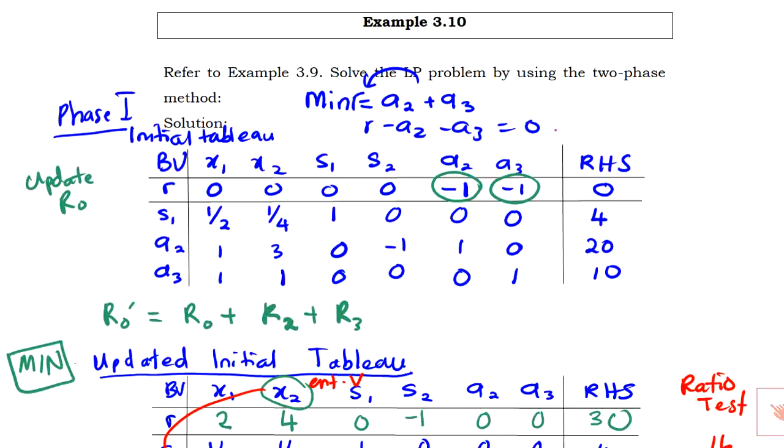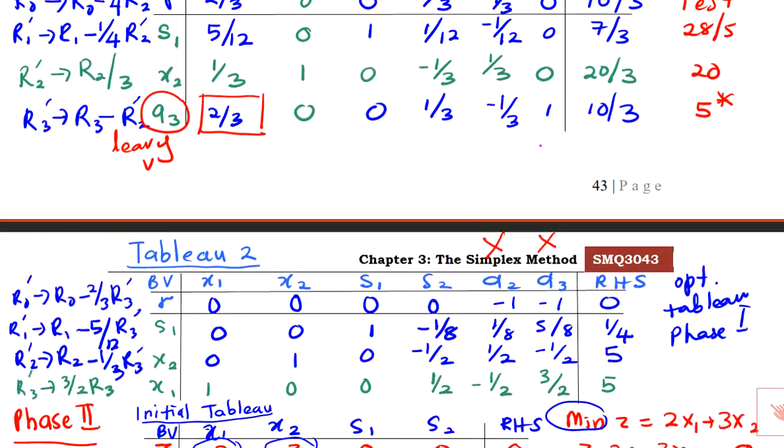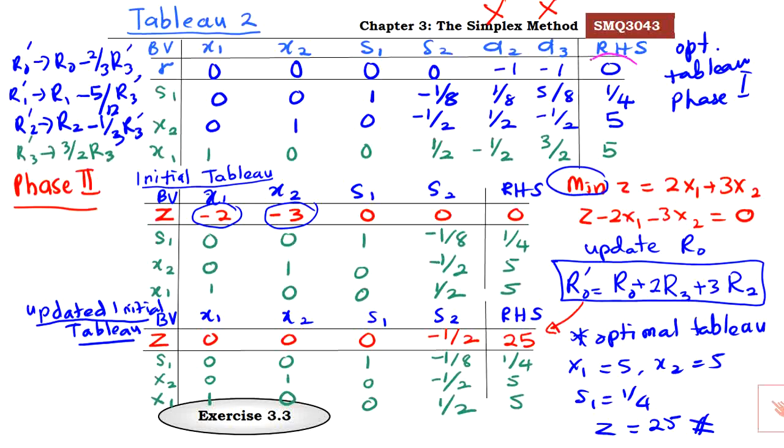And then after getting the optimal tableau, here tableau 2 for phase 1, if r is less than or equal to 0, we proceed to phase 2 because there is a feasible solution. But if r is greater than 0, then we stop at phase 1. There is no solution for this problem.